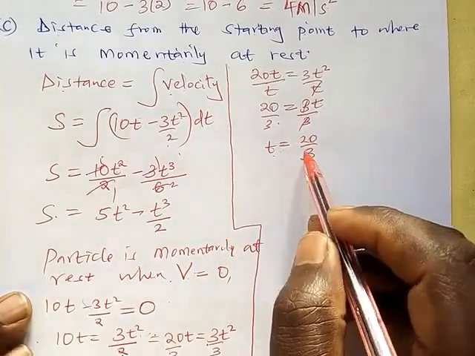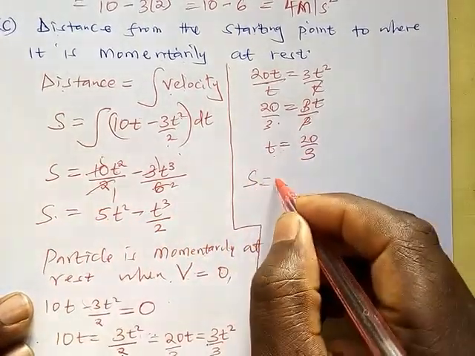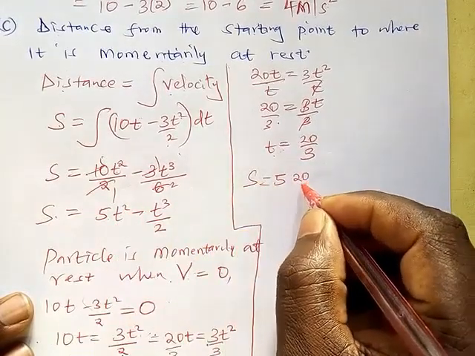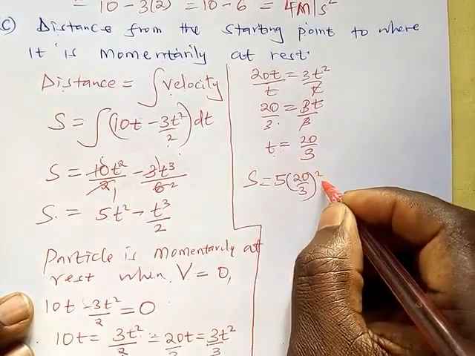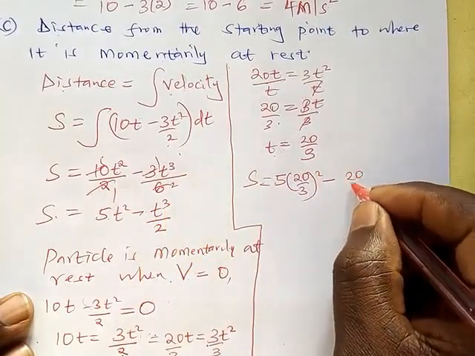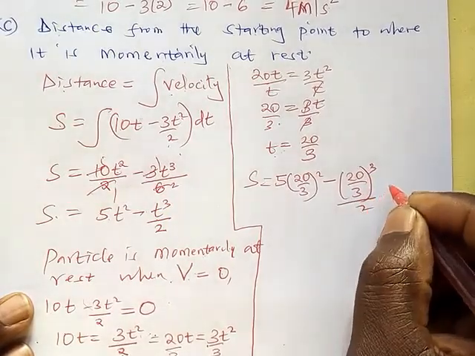Now we take this time and substitute it into our distance. So s is equal to 5, instead of t squared we put 20 over 3 raised to power 2, minus, instead of t cubed, we have 20 over 3 raised to power 3, divided by 2.